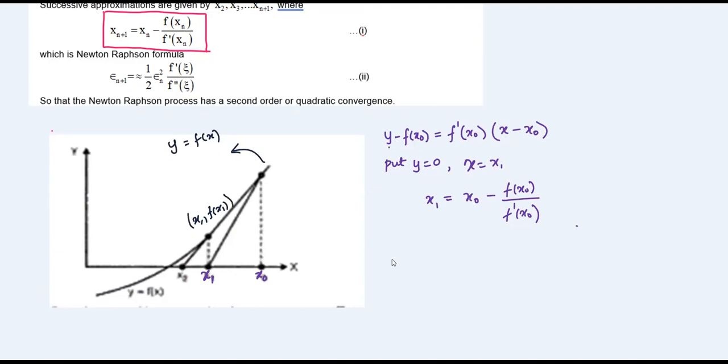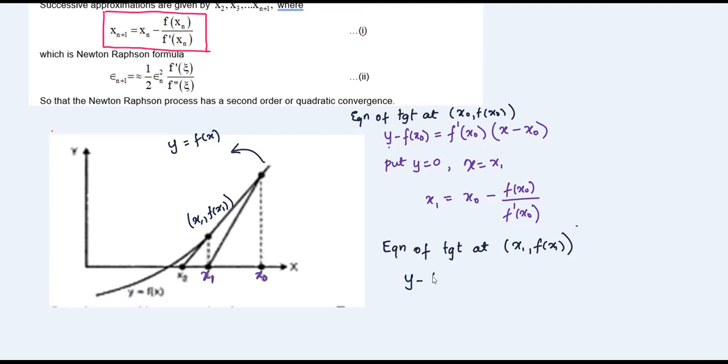Next we use the equation of tangent at x1 comma f of x1.